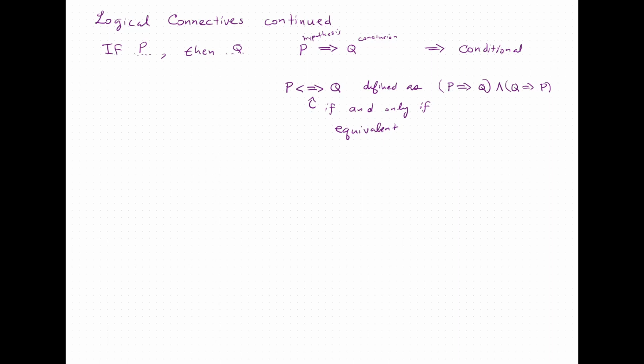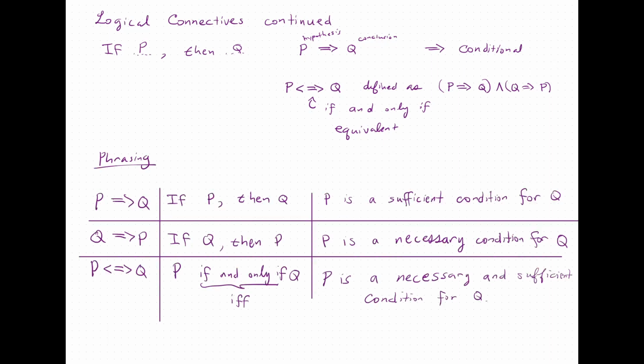Now, these logical connectives also have truth tables, and that's one thing we are going to investigate in just a moment. But first, I'm going to discuss sort of the phrasing, since there's various ways that we can define if P then Q. We also have statements like necessary and sufficient. And so in terms of phrasing, we have the following table. So here's our table.